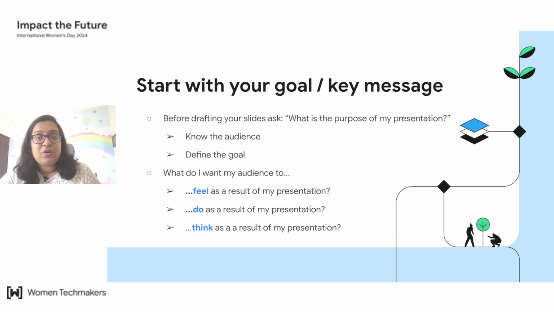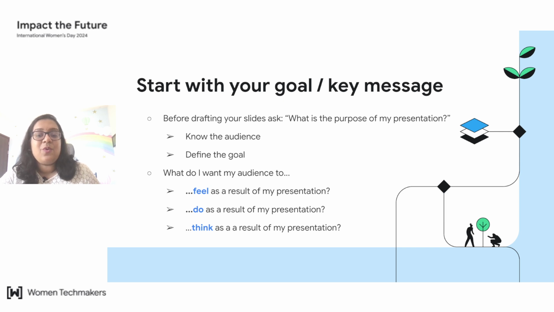You also may want to ensure that while you select a presentation topic, you pick something that's compelling and interesting for your audience. Focusing on the audience can also help us define our goal and ensure that we are creating a presentation that's not only relevant but also something they can resonate very closely with.